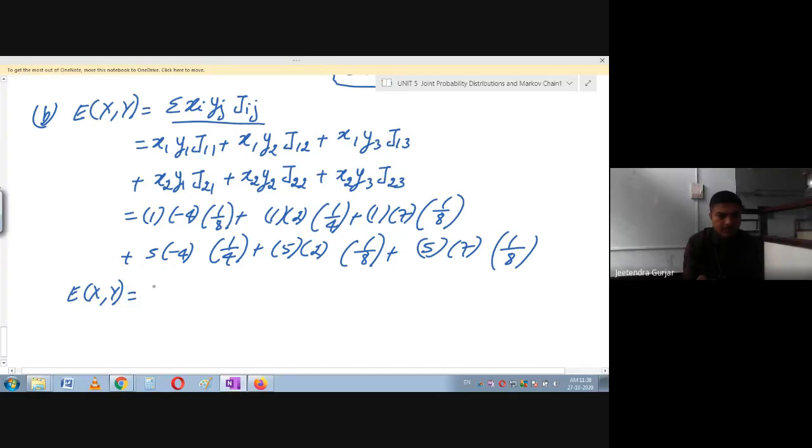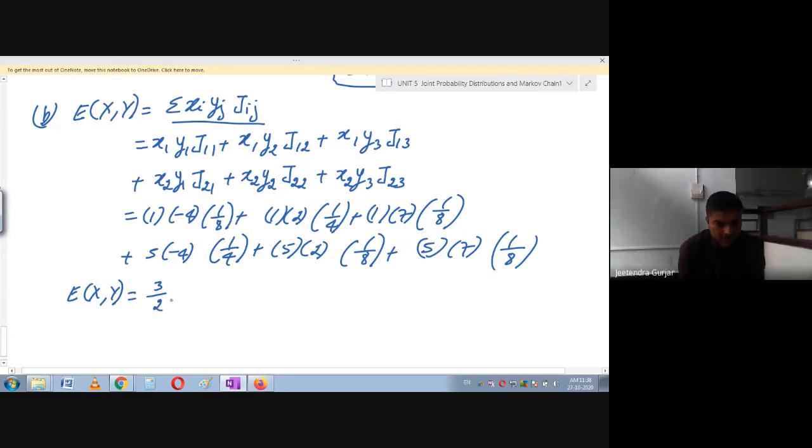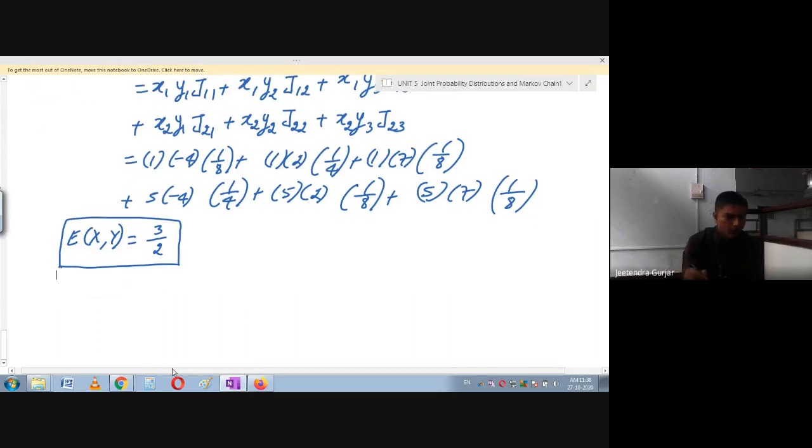Please try this. I think you must get this. Yes, it is 1.5, or 3 divided by 2. It is the same. So you are going to get the value 1.5, or we take this as 3 divided by 2, students. So like this, we'll go with the C.